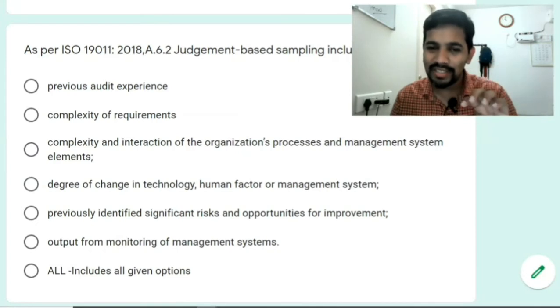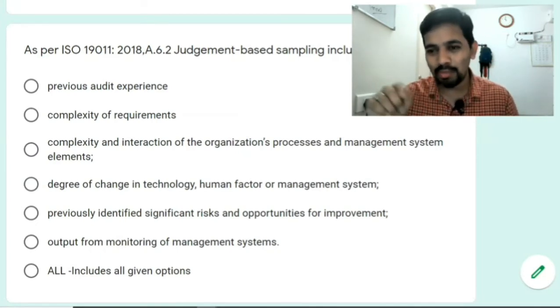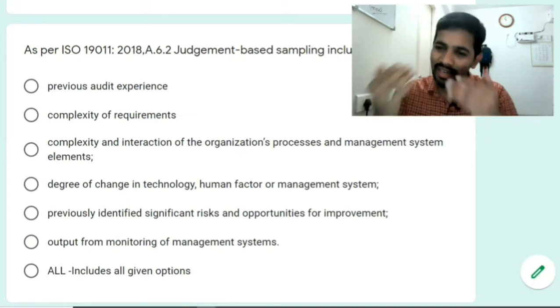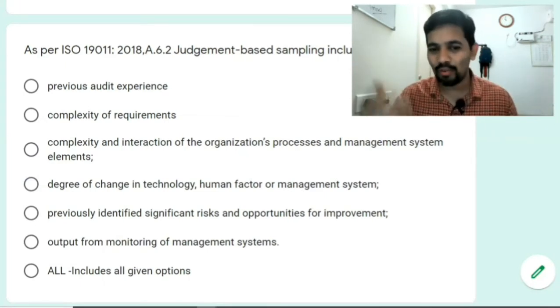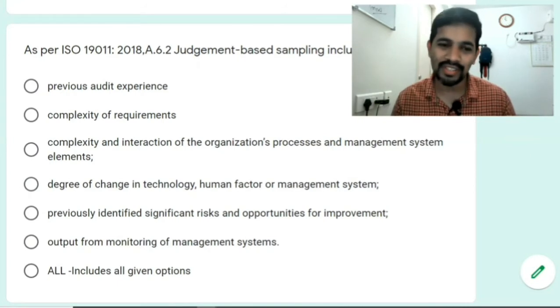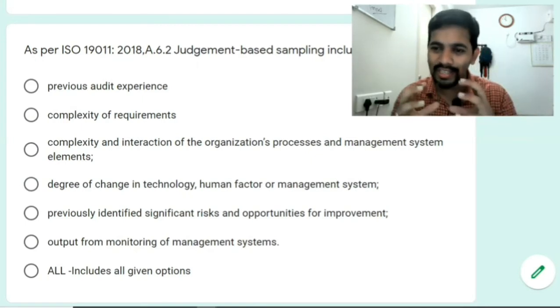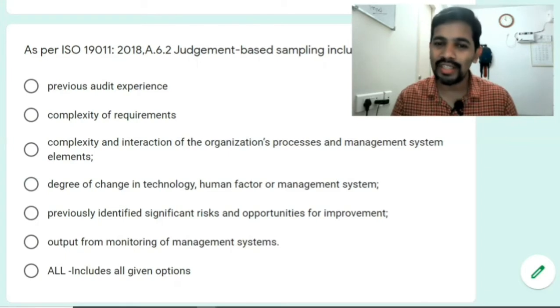Because audit is sampling, so there is a degree of risk. That's what A.6.1 talks about. Then A.6.2 gives very wonderful information about judgment sampling. There you pick up the previous audit, the complexity of the process, the interactions, what changes have been made, and where customer complaints have come from. All these you use to make the audit criteria, checklist and all that. That is called judgment.